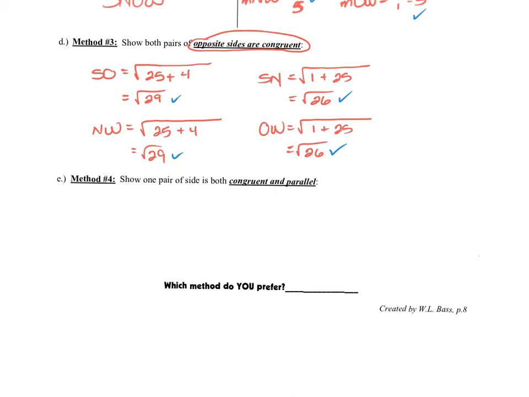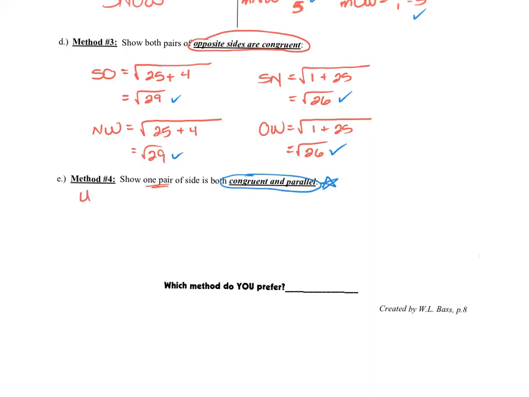Now the last method is a really important method, but it is one that students often mix up. We have 2 choices on how to do this, and I'm not going to recalculate anything on this. I'm just going to organize the work and talk about it. So we need to show that a single pair of sides is both congruent and parallel. So if you were using this method, you would do one of these or the other.